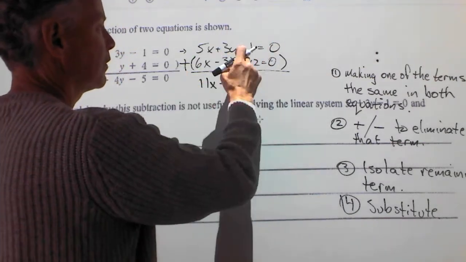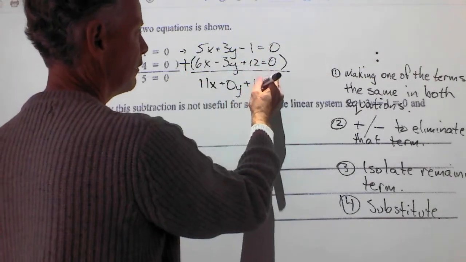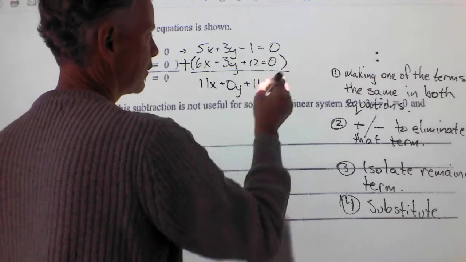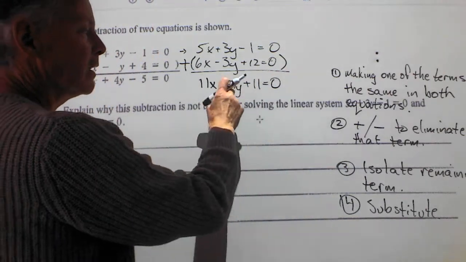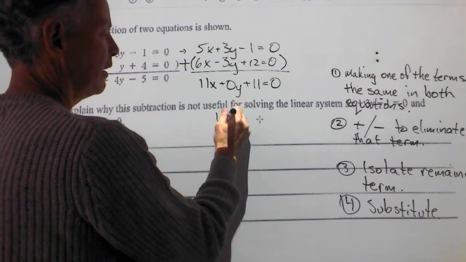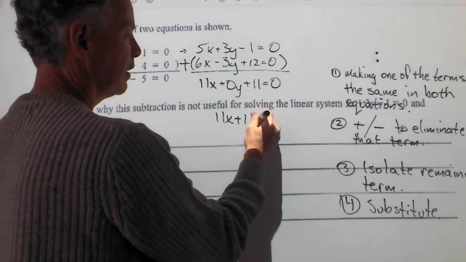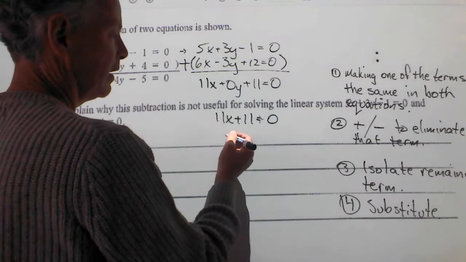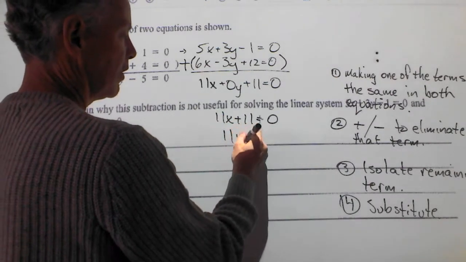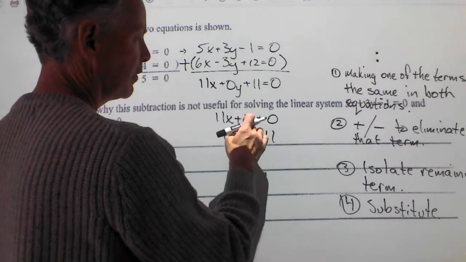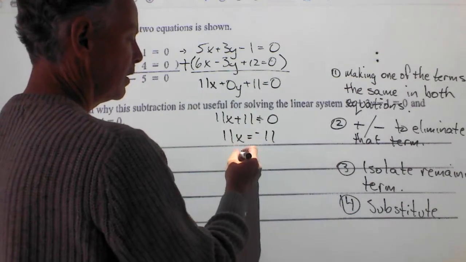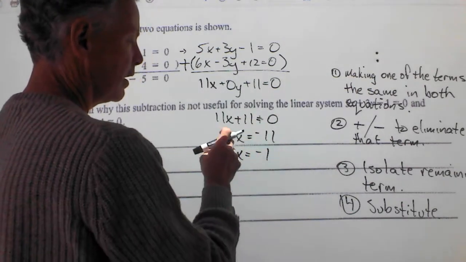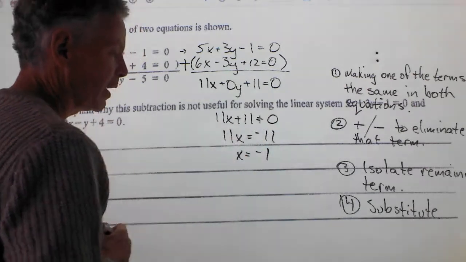Negative 1 plus 12 would give us 11, and 0 plus 0 is obviously 0. That eliminates that term, giving you 11x plus 11 equals 0, and eventually isolating to 11x equals negative 11. Subtract 11 from both sides, x equals negative 1 after dividing both sides by 11.